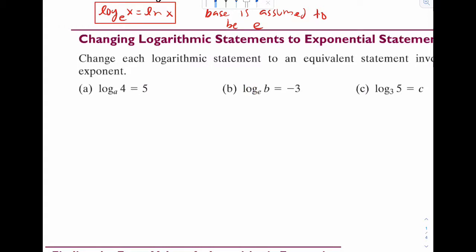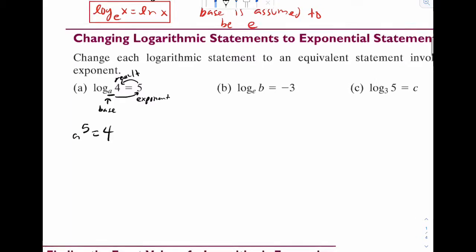Log base e of b is negative 3. Log base 3 of 5 is c. So the way to go backwards is start here, because that's your base. Then I just think of it as like a cycle. That's your exponent, and that's your result. So a to the fifth equals 4, just like that.